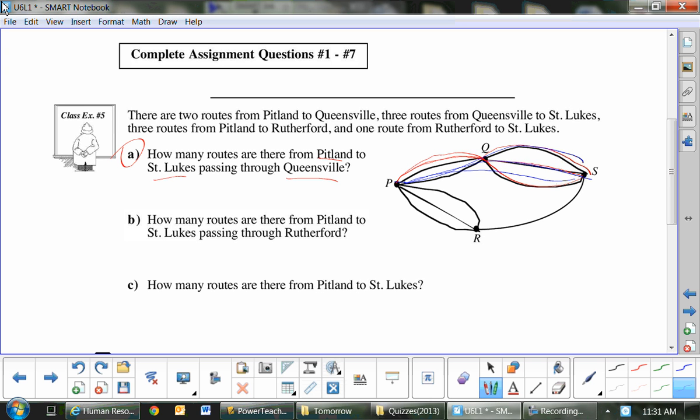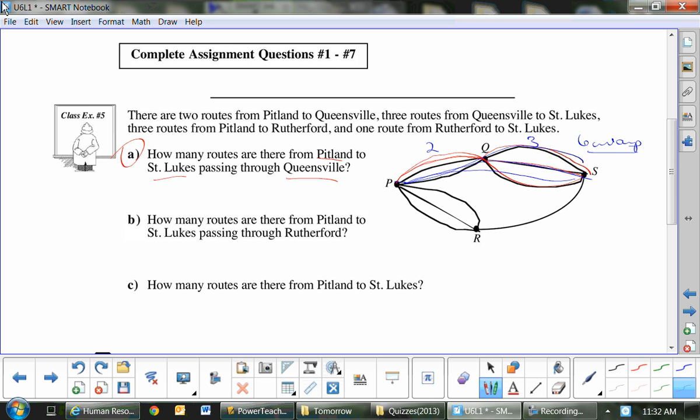So there is, you see, 6 ways. So do you see a faster way we could do that? 2 times 3. So there's 2 ways to get to Queensville, I should say, and then 3 ways to get to St. Luke's. Therefore, there would be 6 ways there.